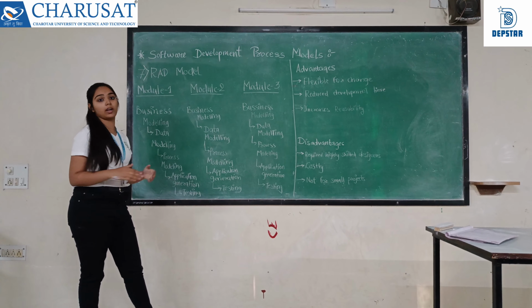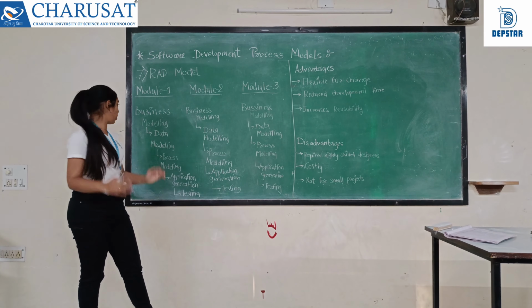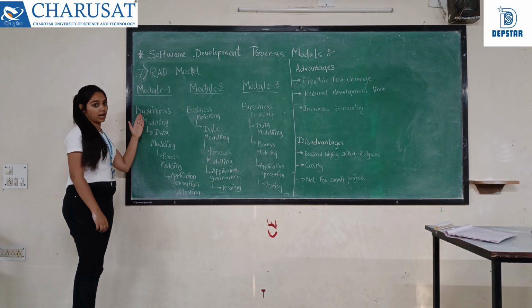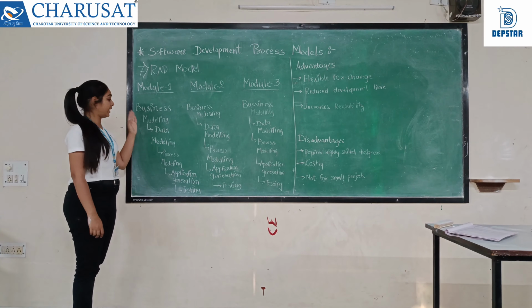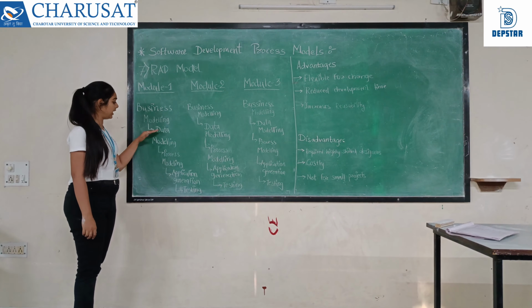Now let us see what is there in a particular module. First it starts with business modeling, then data modeling and then process modeling. These are the 3 types of modeling used in the RAD model. After the 3 models, there is application generation. After that, we generate the application, and after the generation, we test the project.